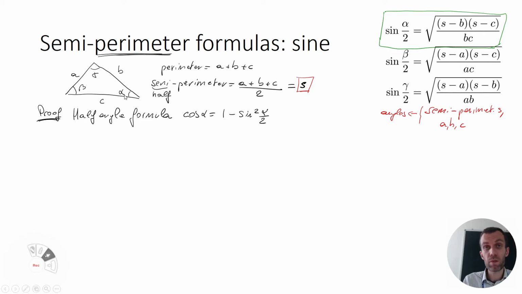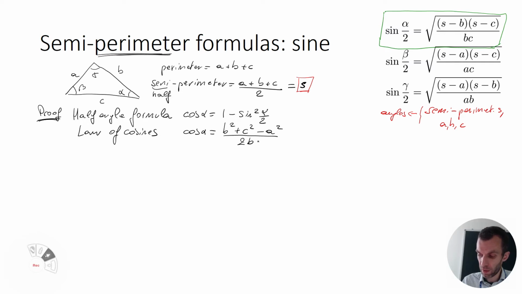On the other hand, we also have the law of cosines that tells us that cosine of alpha is b squared plus c squared minus a squared divided by 2bc.